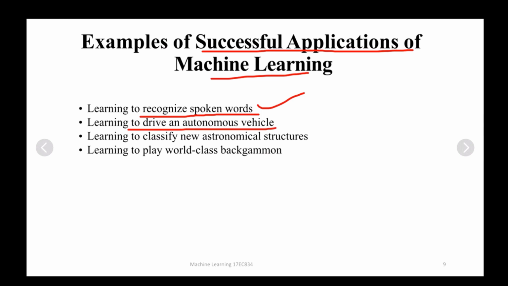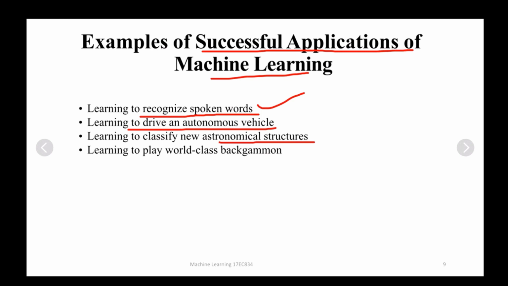Soon it is going to be a reality also. Learning to classify new astronomical structures. Every now and then we see that. NASA, ISRO, and others are doing so much research in these areas, and classifying newly identified structures can also be done with the help of machine learning.